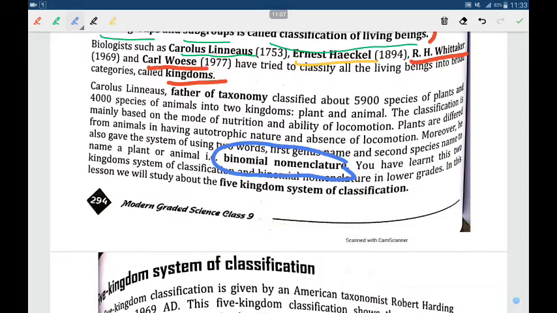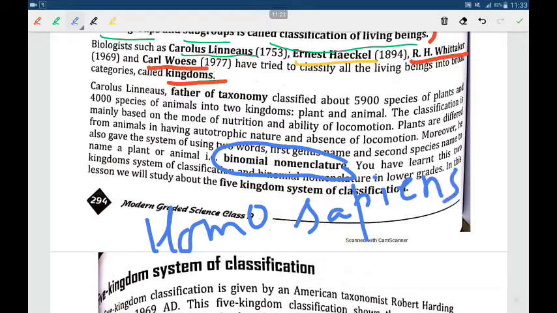For example, what is our scientific name? Man? No, it is Homo sapiens. Homo, S-A-P-I-E-N-S. Homo sapiens.